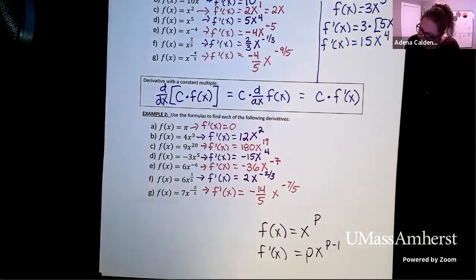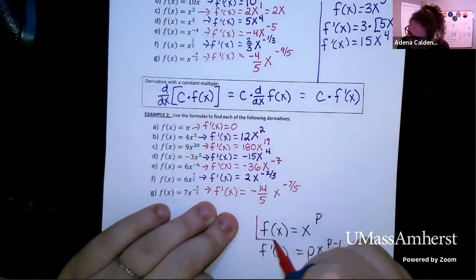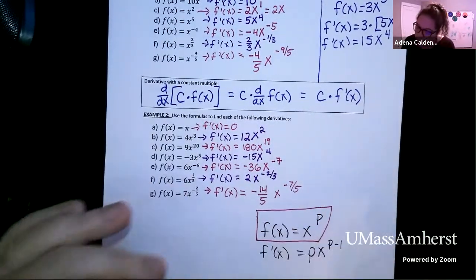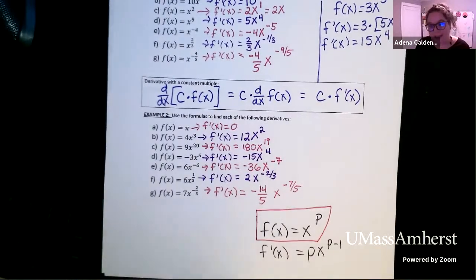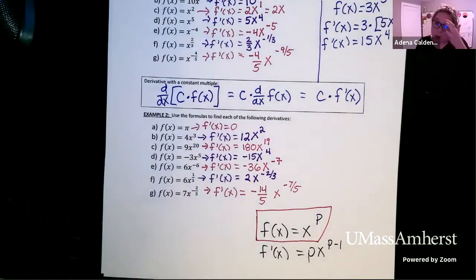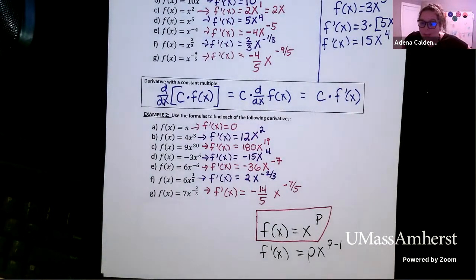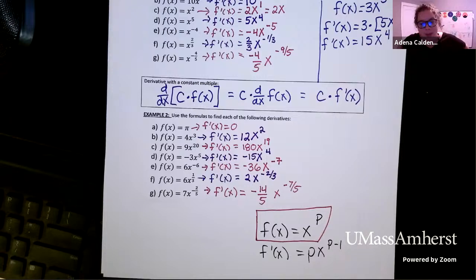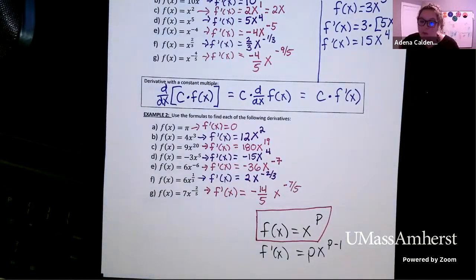However, sometimes a function is not quite in this form yet for us to be able to use the rule. In order to use this rule, it has to be written in the form x raised to some power, which means that if it's not written this way, sometimes we have to use algebra rules to rewrite it first into this form.